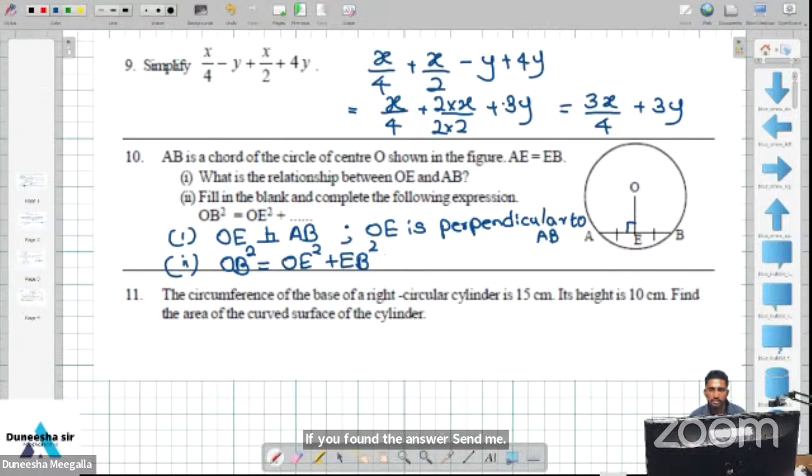Yes, Inuri's answer is correct. Satish is asking about the area, okay, curved area. Yes, Devindu's answer is correct.